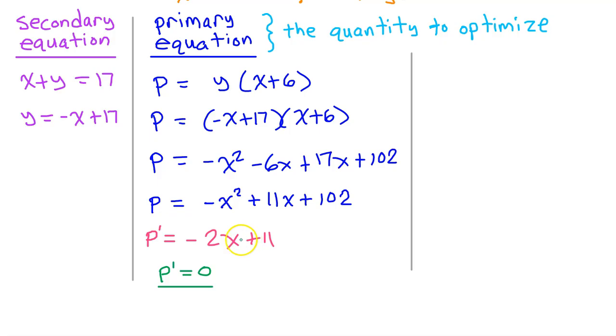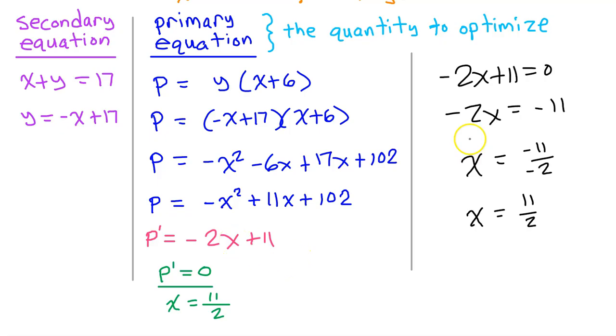A polynomial is defined everywhere, so we just need p prime equal to 0. If we set this equal to 0 and solve, I think you can probably do this in your head and see we're going to get 11 over 2. Here's the work that I did in my head just then, just in case you needed to see it.